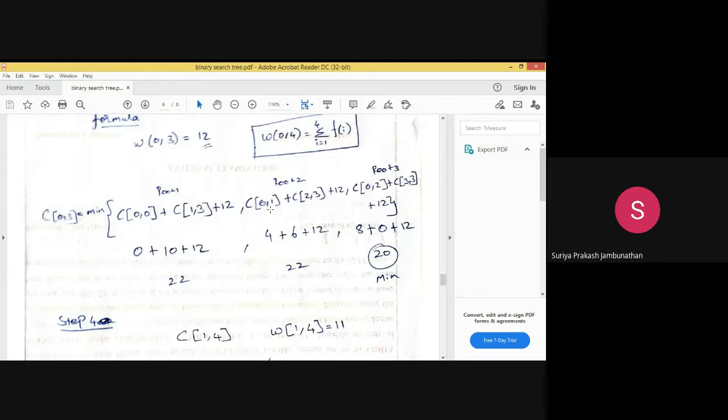Okay, so whatever the formula, in all the three formulas, i value is 0 and j value is 3. Only the k value will differ. So here it will be 1, here it will be 2, and the third one it will be 3. So here i value is 0, k minus 1 is 2 because the k value is 3. C of k is 3, comma j value is 3 plus 12.